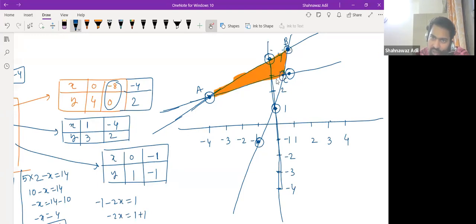So these are the vertices. Are these clear, Rifa? You have to draw it on the graph paper, then it would be clear to understand. So please draw it on the graph paper and then you can write the vertices. This one you can clearly say is minus 4 and 2. But this one, I don't know how much it is.